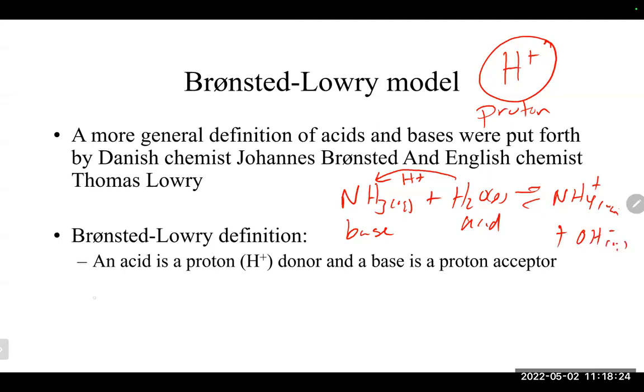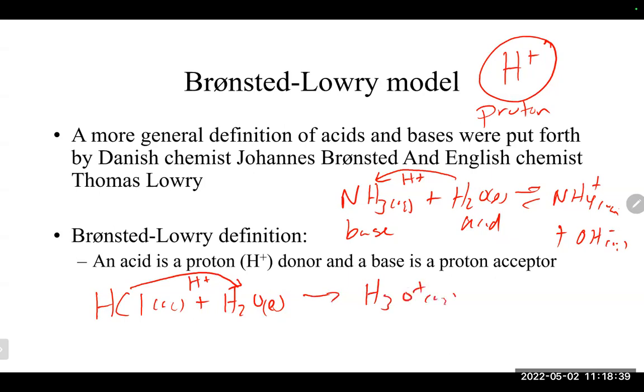We can also see that even if you look at the acid breaking apart in water, in this case the acid is going to donate its H plus over, and the result of that will make H3O plus and Cl minus, where again this obviously would be the acid, and in this case water would act as a base. You can see in this example there are things that are able to act as an acid and a base, depending on the situation, and those things are what are known as being amphoteric.